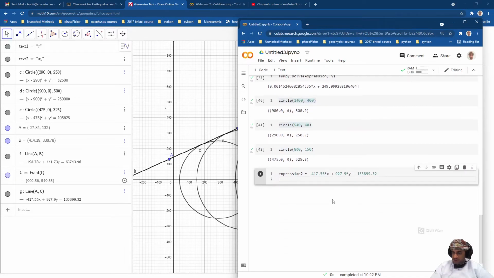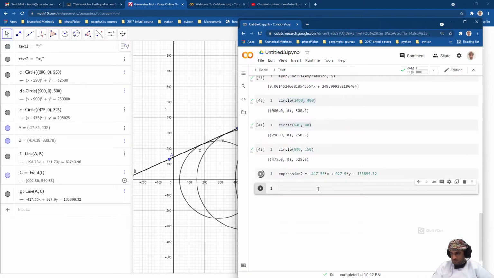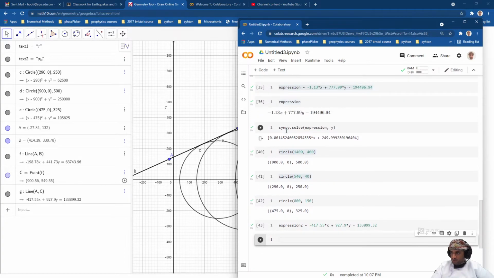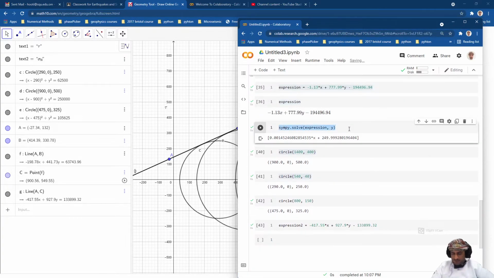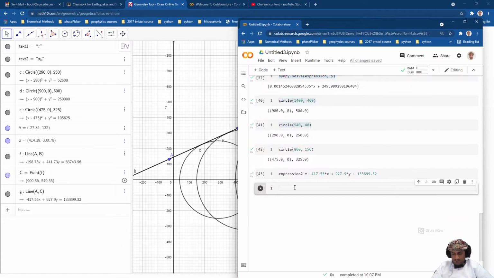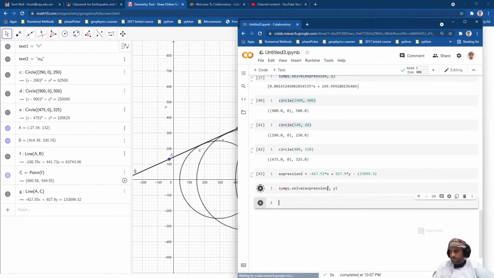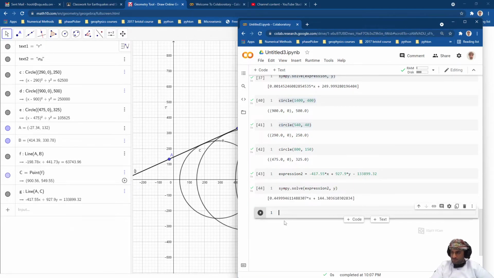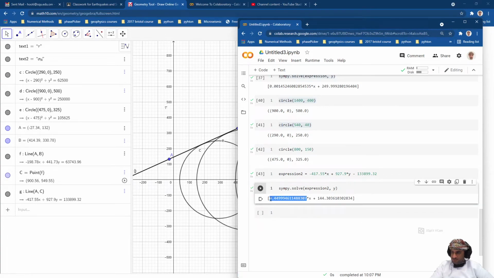So this is expression 2. Shift enter, then we solve it the same way we solved here, but we solve it for expression 2, with respect to y. So this is the slope, and that's the intercept.